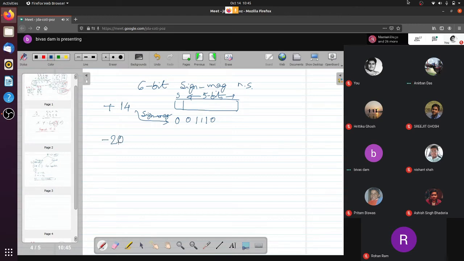So in 6-bit form. Same thing. This is the number system you are provided with. Somebody said 1 1 1... I don't think so.